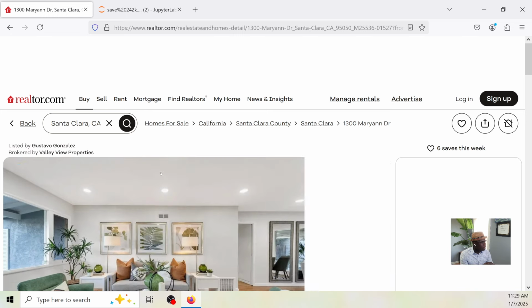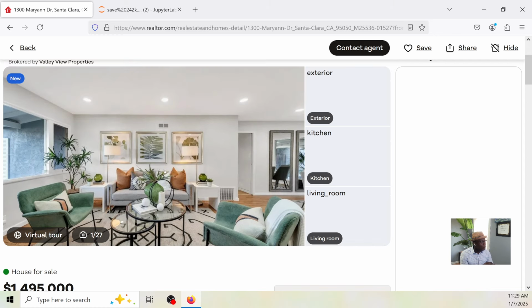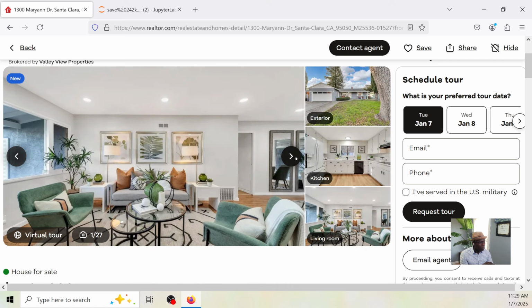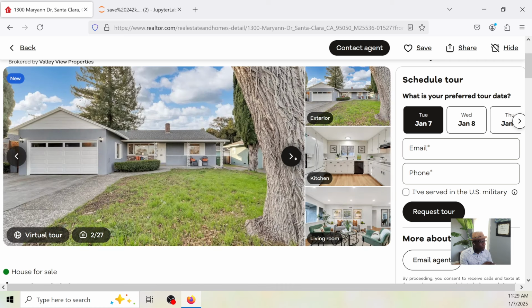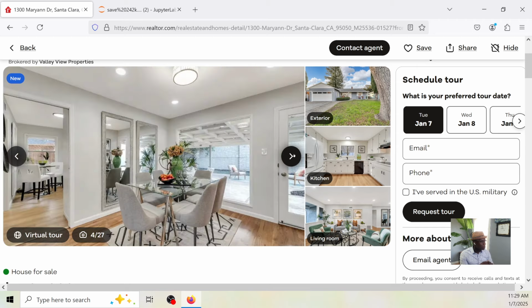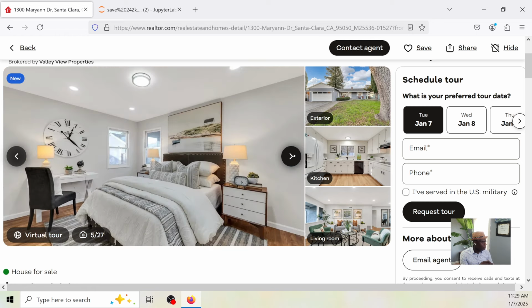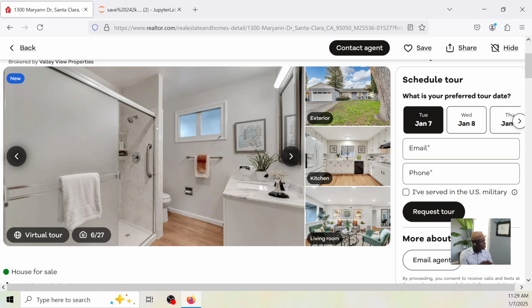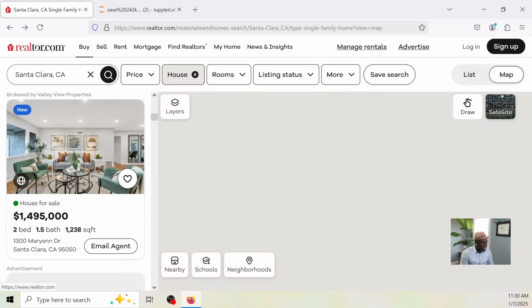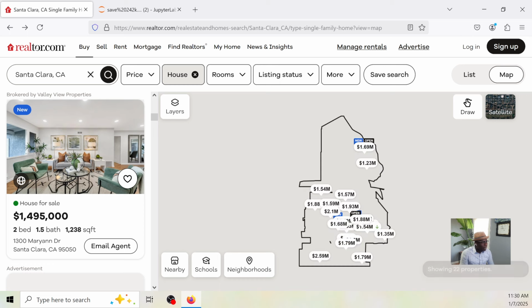I like it. Nice and bright. Nice outdoor space. Kitchen. Love living room. Bedrooms. Nice. So I just took a look at the first 3 results that came up on Realtor.com.